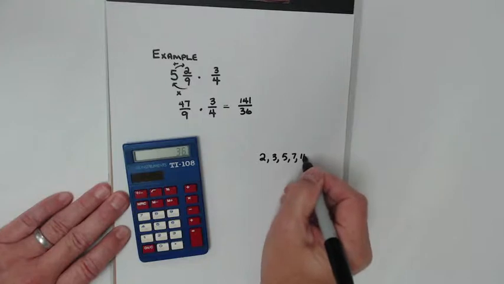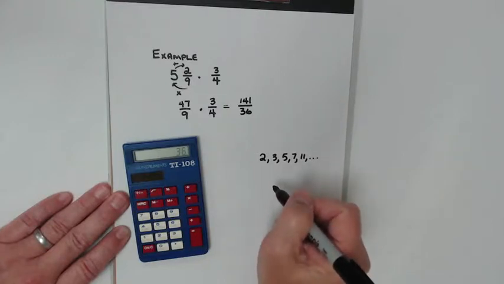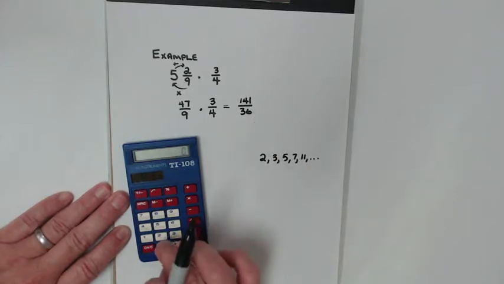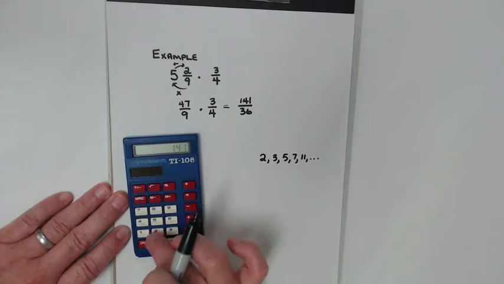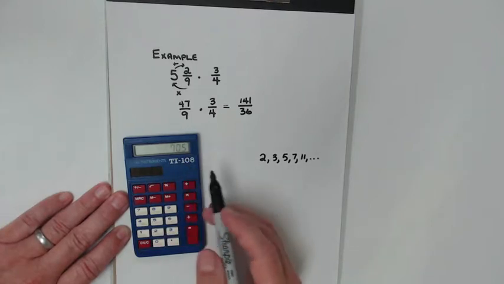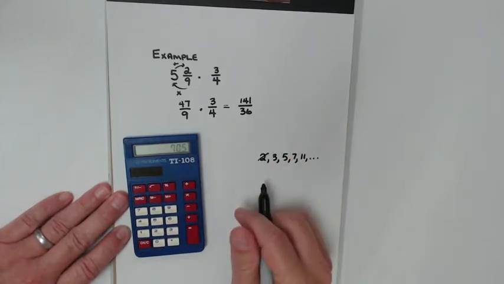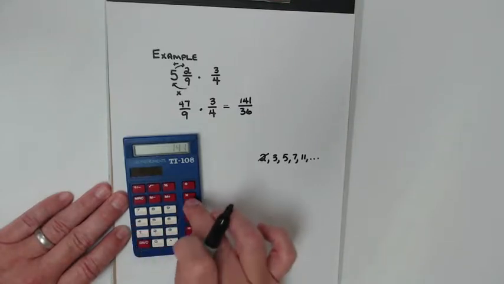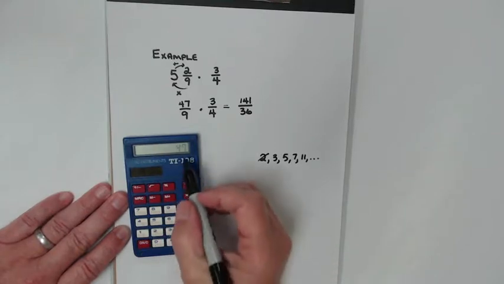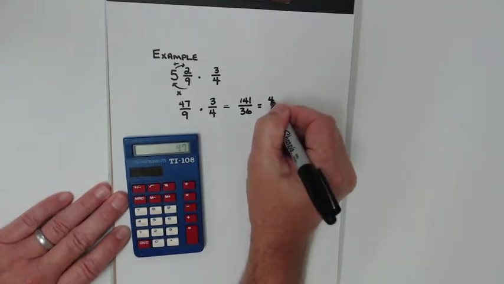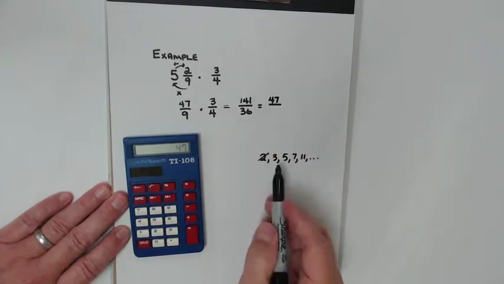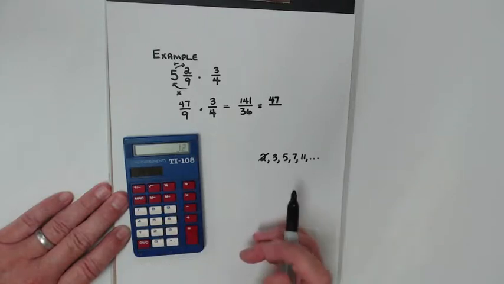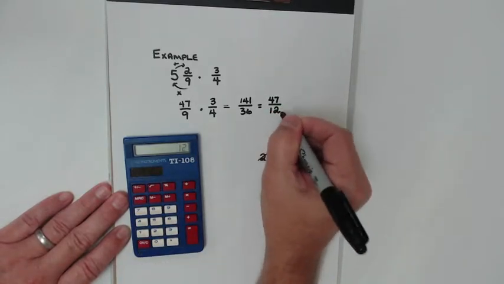Will 2 go into 141? 141 divided by 2 gives a decimal, so no. Let's try 3. 141 divided by 3 goes a whole number of times, so it reduces to 47. Does 3 go into 36? 36 divided by 3 is 12.